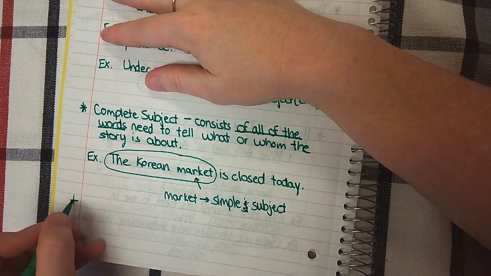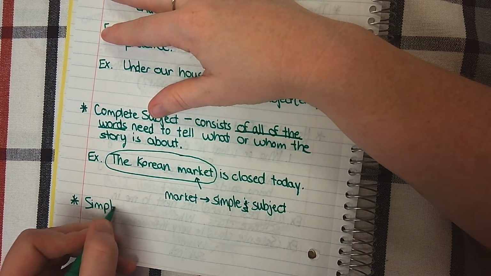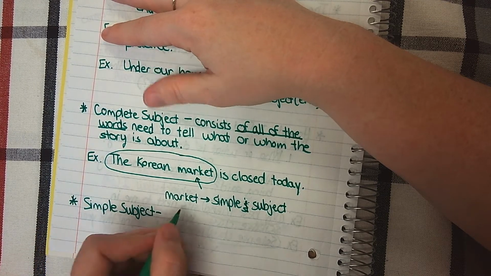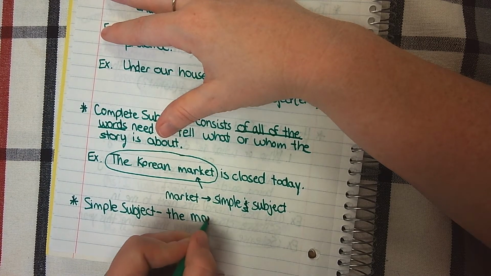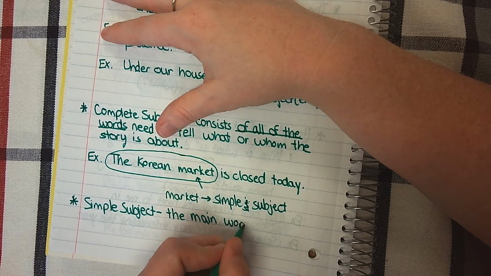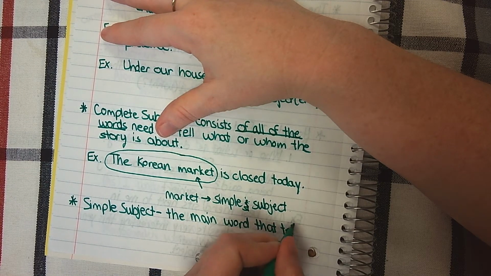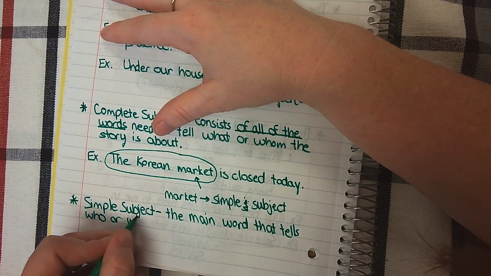So let's put another star and write simple subject. And then it's the main word that tells who or what the sentence is about.